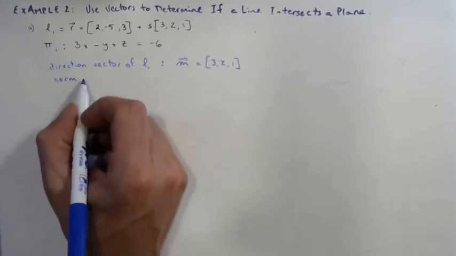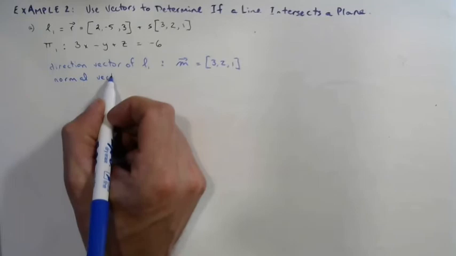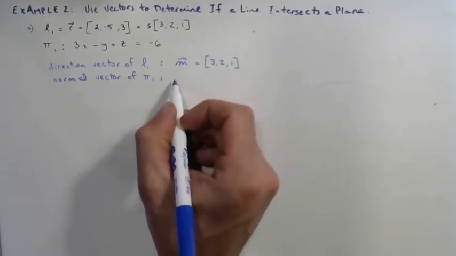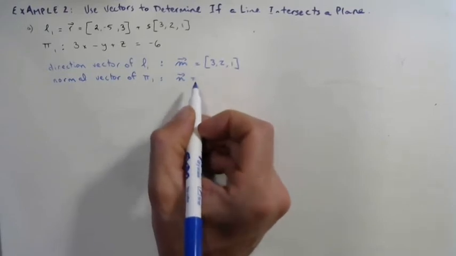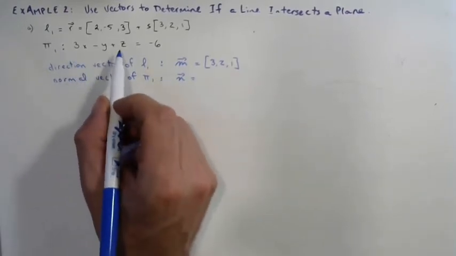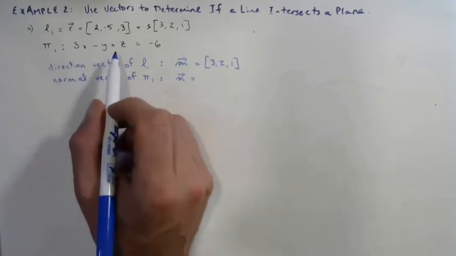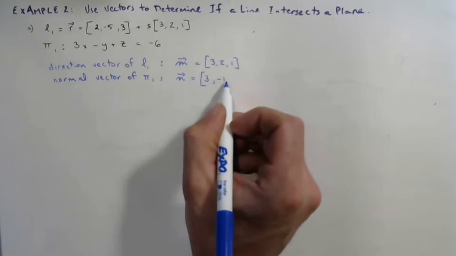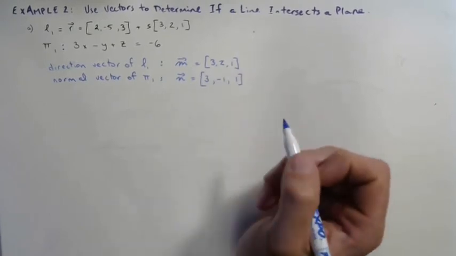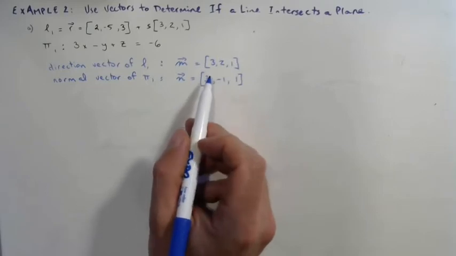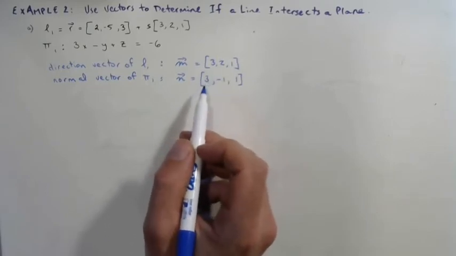Normal vector of plane 1, which is the vector n, and remember we just take the coefficient of each of the coordinates. So we've got (3, -1, 1).